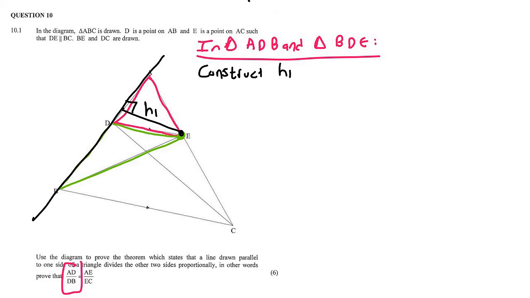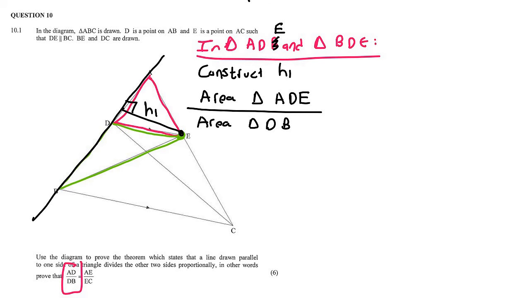Okay, so now we can say that the area of triangle AD, sorry, that wasn't meant to say B, that was meant to say E. I do apologize. ADE over the area of triangle DBE is going to be equal to a half.